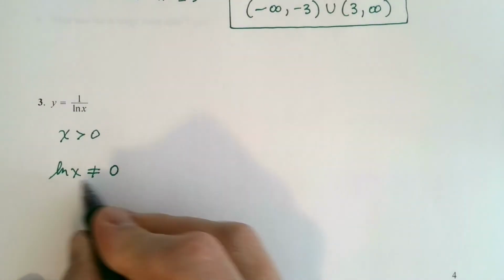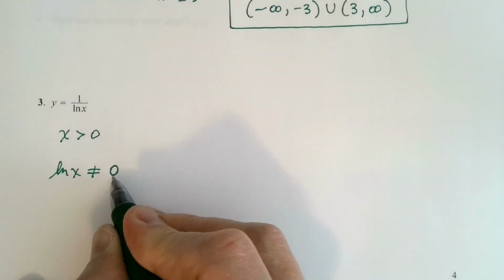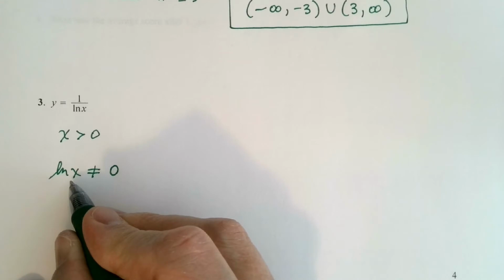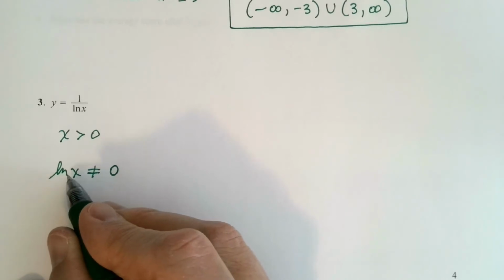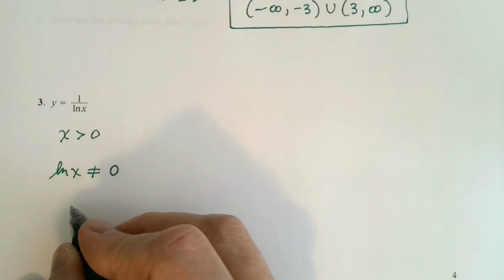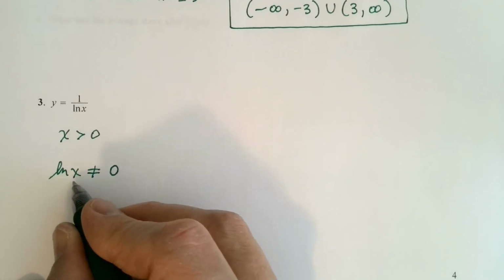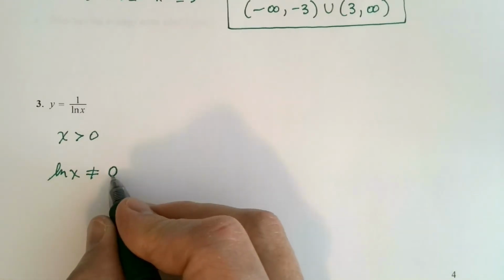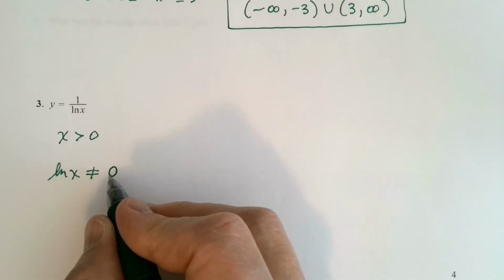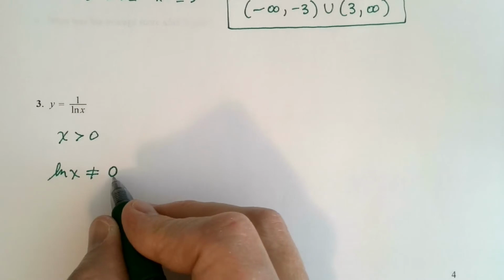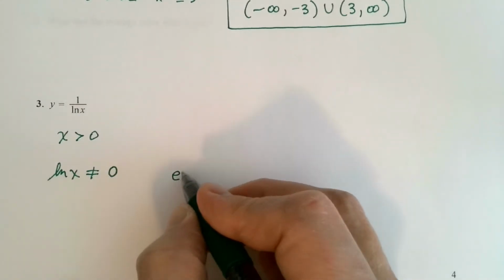Well, when is the natural log of x equal to 0? What's the natural log of x again? It's the exponent on the base. What's the base here, by the way? What is ln? The base is e. Do you remember from the last video? This is base e, right? And so if the power on the base is 0, what is e to the 0 power?